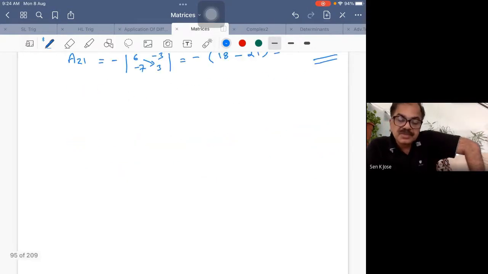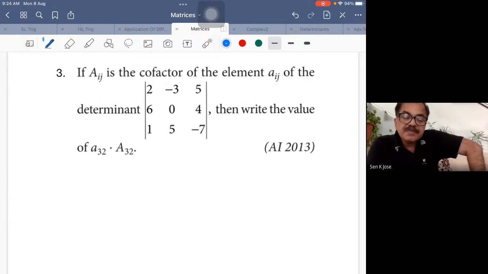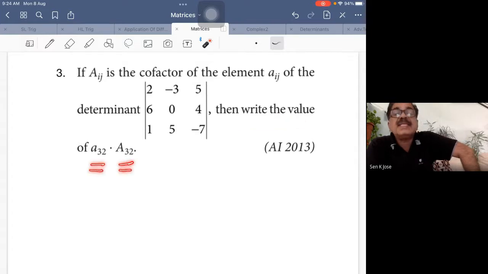One more question. Question 3 here. It's practically the same question. If uppercase Aij is the cofactor of lowercase aij, then write the value of a32 times its cofactor A32. So you want to find the cofactor of a32 and multiply it by a32, the element.